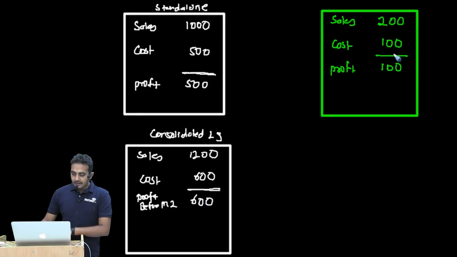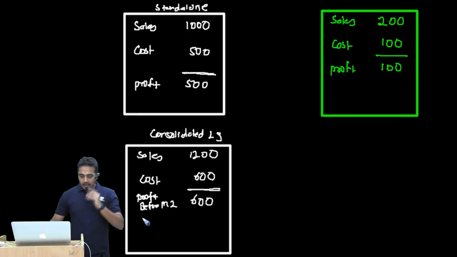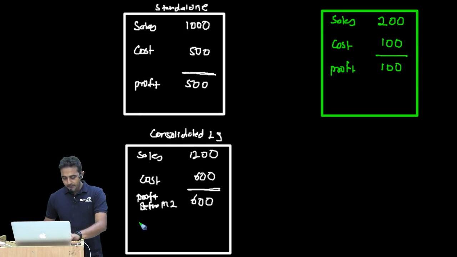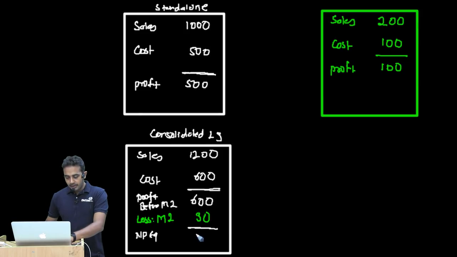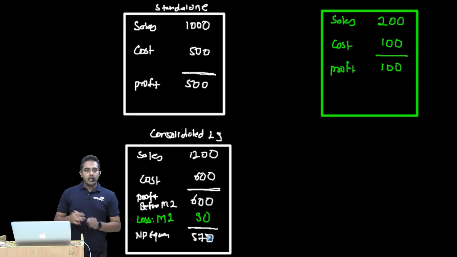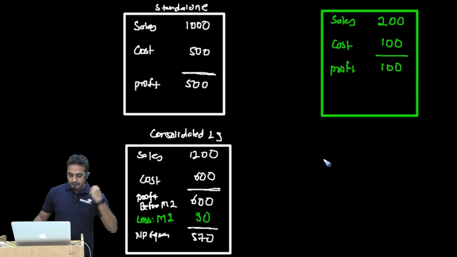But the question is, do we have claim on that entire profit of 100? No. So we will say less the share of minority interest, and minority interest share is 30, and therefore the net profit available for equity shareholders is 570.